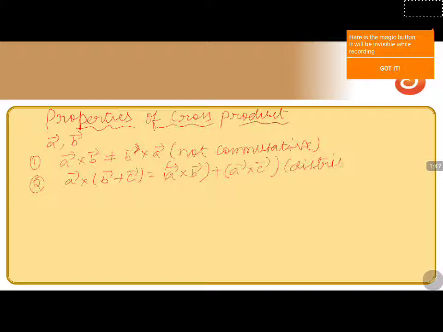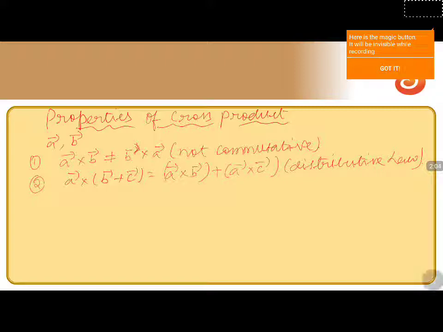As we are multiplying A from the left hand side, we can even call this a left distributive property also. So that is A cross B plus C is equal to A cross B plus A cross C.